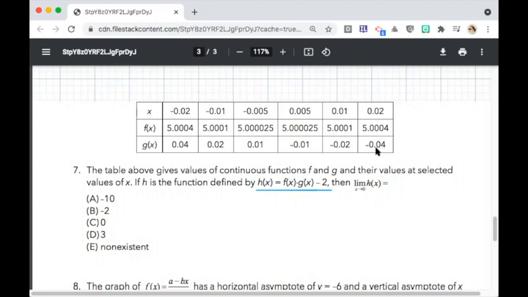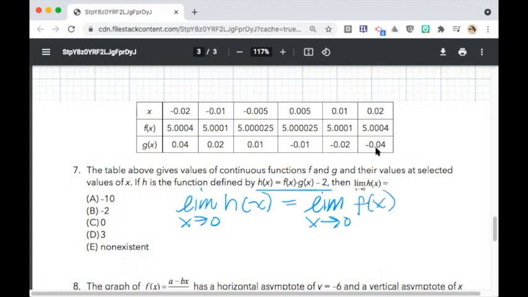So the limit as x approaches 0 for h of x is the limit as x approaches 0 for f of x times the limit as x approaches 0 for g of x minus the limit as x approaches 0 for 2.